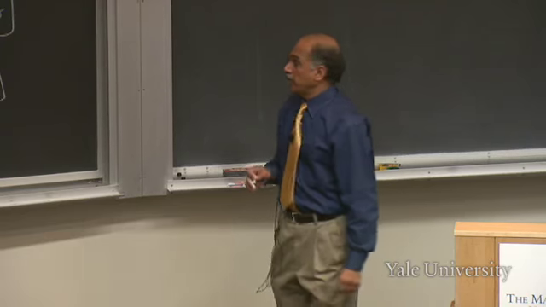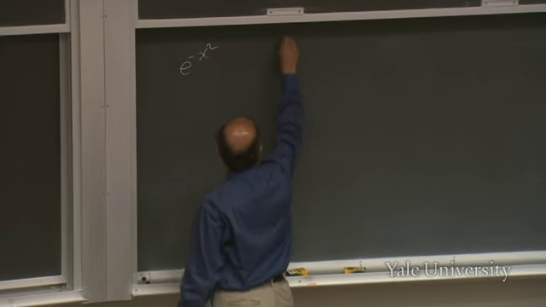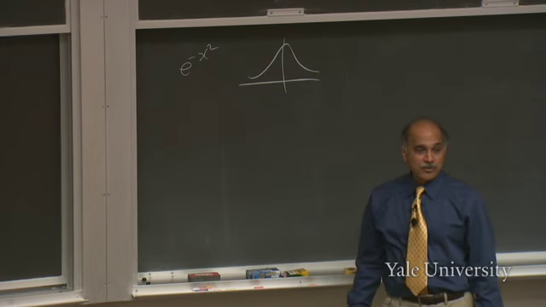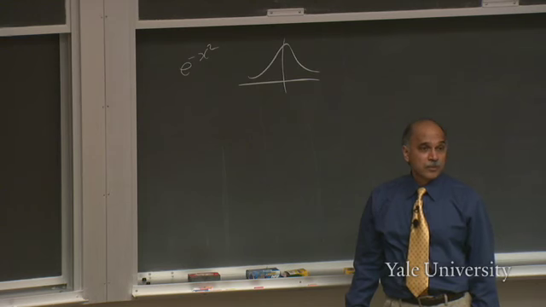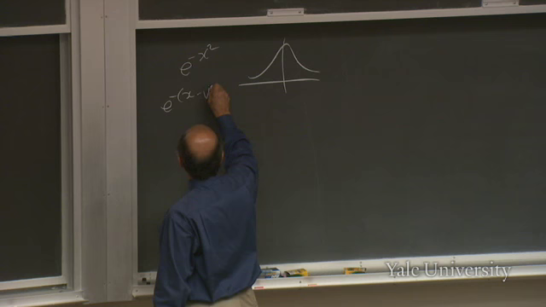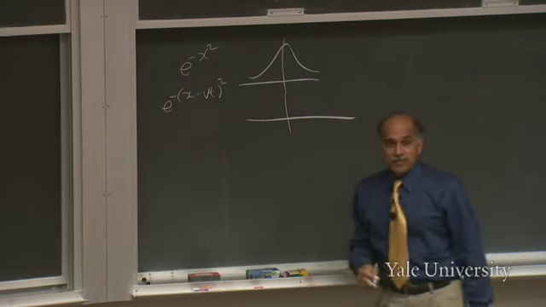Let me show you why. Let's take a function e to the minus x squared. You must have seen this function in statistics. It looks like this. It likes to have x equal to 0. Take the function where x is replaced by x minus vt. Where does this function have its maximum?